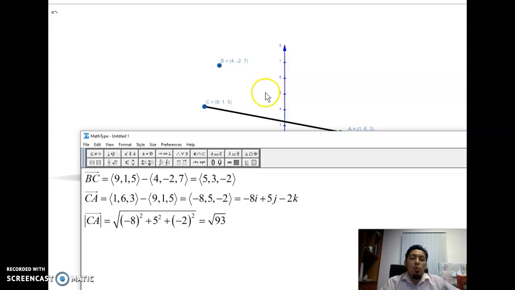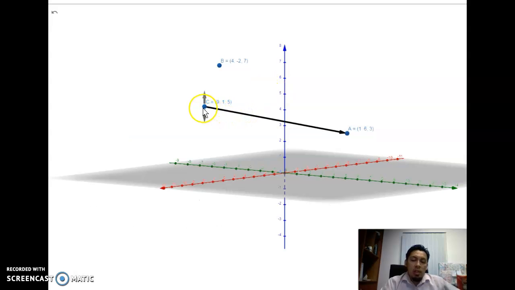In other words, when we create a unit vector, this length will shorten. Currently it is 9 point something, and it will be reduced to 1. So maybe the line will be shortened.